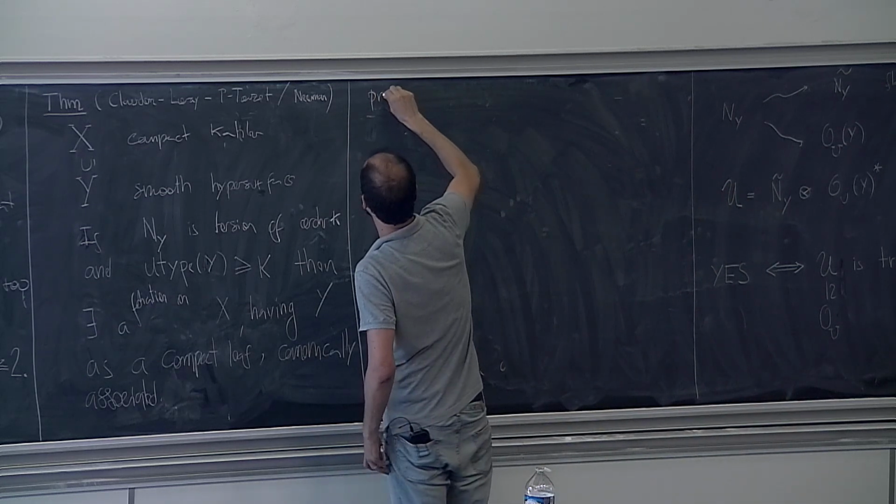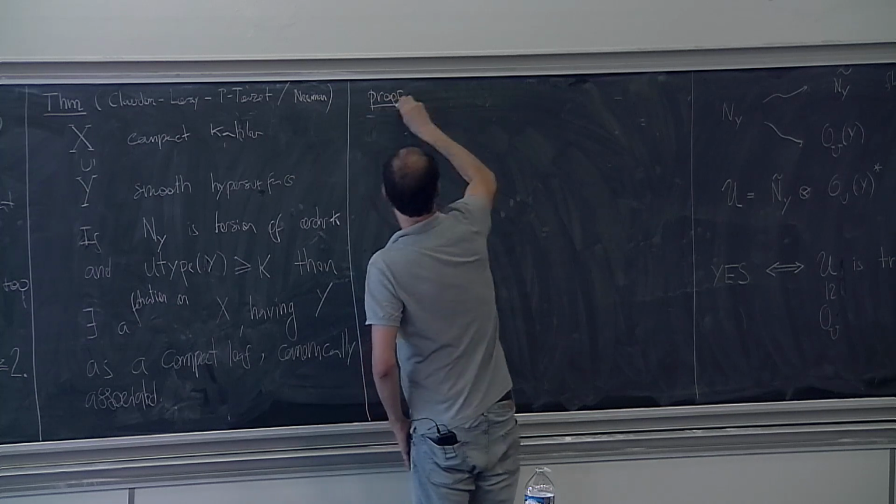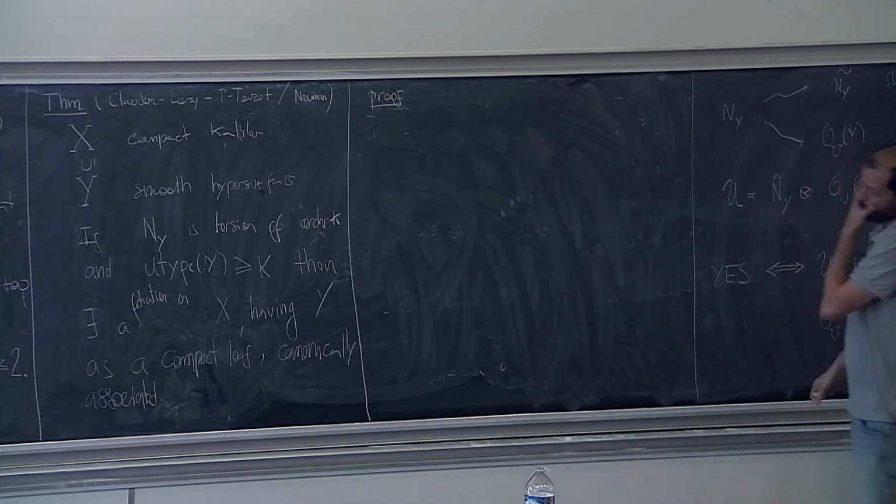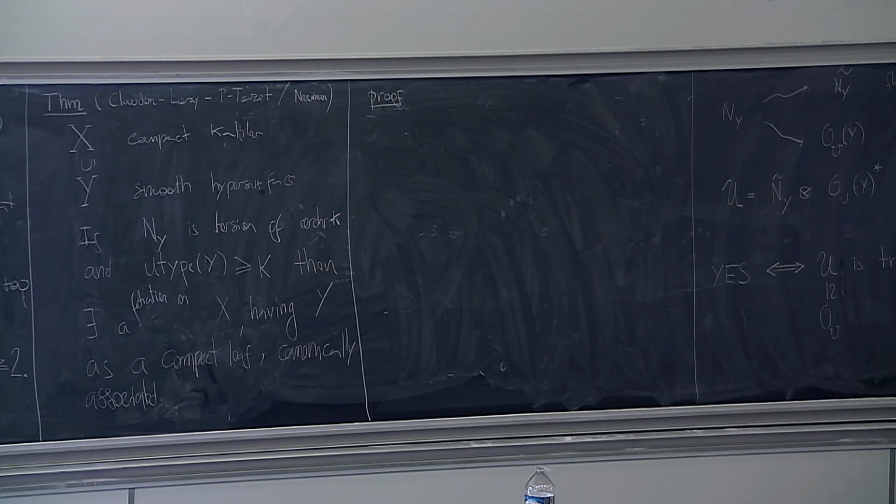I will comment on what Niemann did and how it appears there. Okay? Very good. So the proof is really, really simple. It's just to look at this equation sufficiently hard.